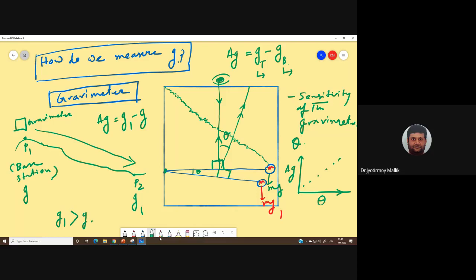Whatever the value of g is, maybe in milligal, 10 degrees of theta corresponds to some milligal of delta g. So I measure theta, and then I can calculate my delta g.